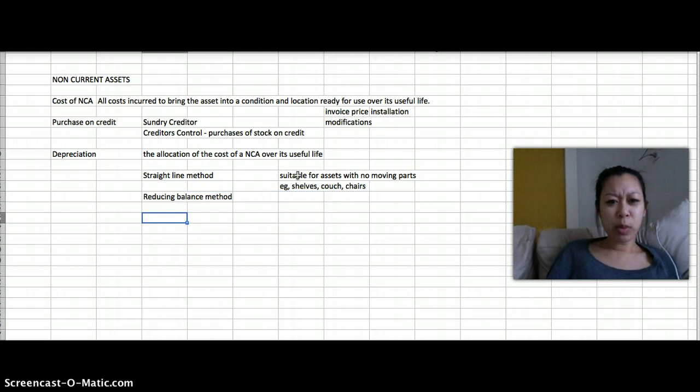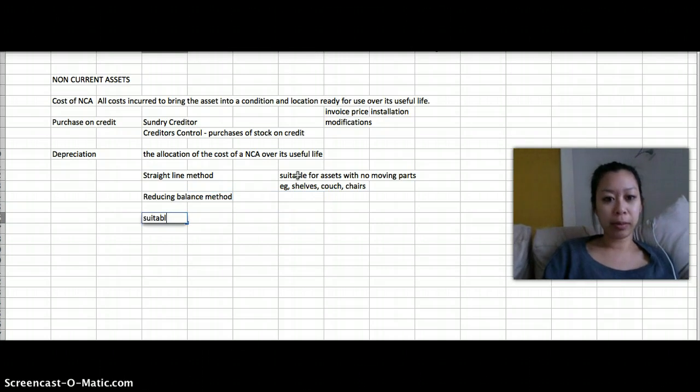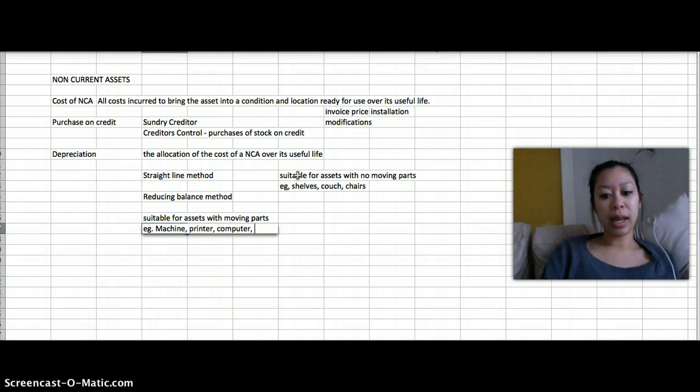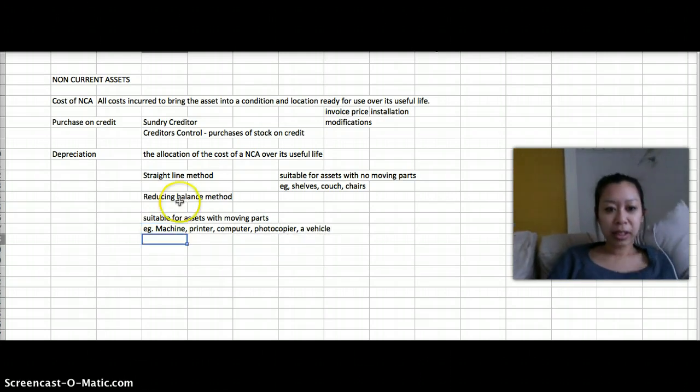Whereas reducing balance is more suitable for things with moving parts. So anything that's machinery, so a printer, a computer, a photocopier, something like that, a car.